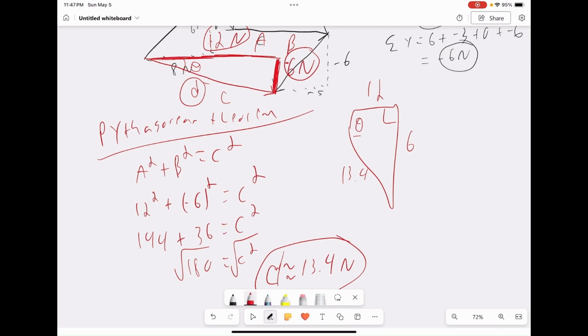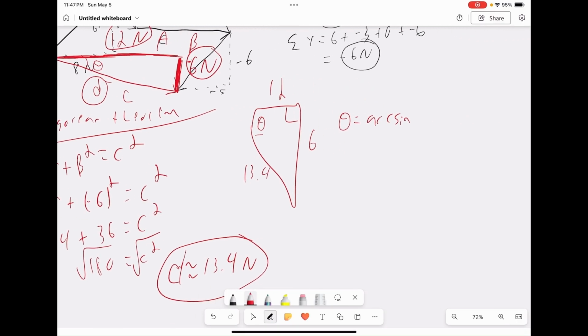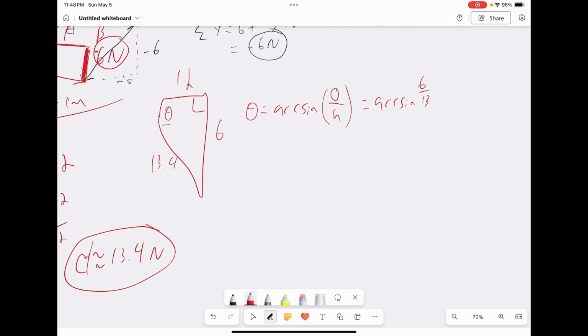So we could do any of the following functions for this. We could say theta equals the arc sine of opposite over hypotenuse, which is the same as arc sine 6 over 13.4.